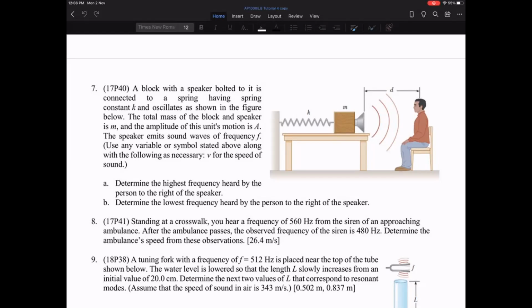And there would be a corresponding change in the frequency of the sound as detected by the observer. So here you have the source that is moving from time to time. So there is a Vs. Sometimes it would be moving towards the observer. Sometimes it is moving away from the observer.